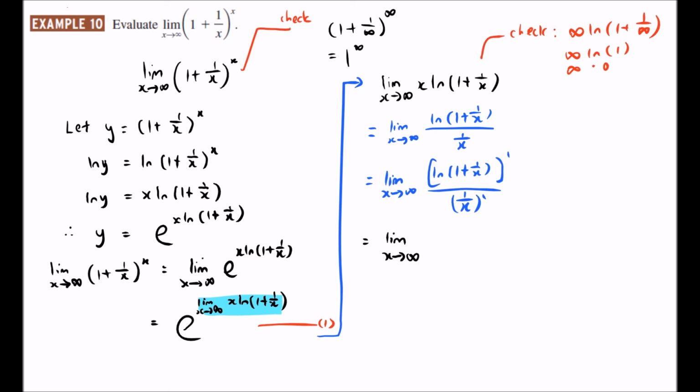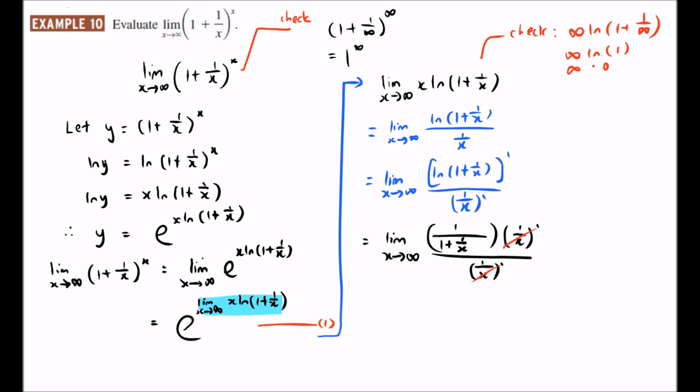You differentiate ln, you get 1 over 1 plus 1 over x, then you differentiate inside, you get 1 over x prime, over 1 over x prime. They are the same, so you can cancel off.